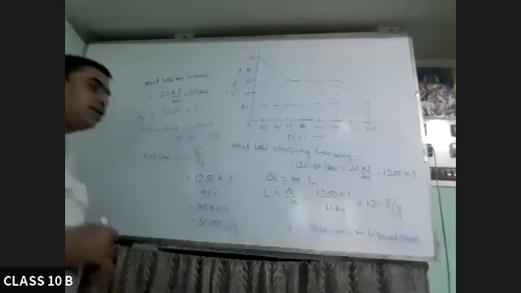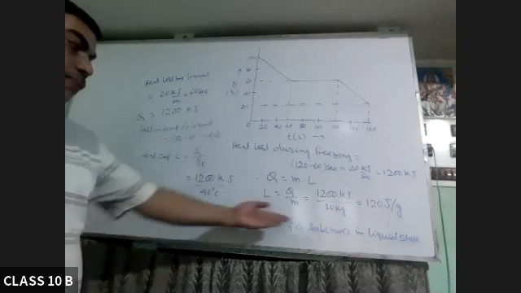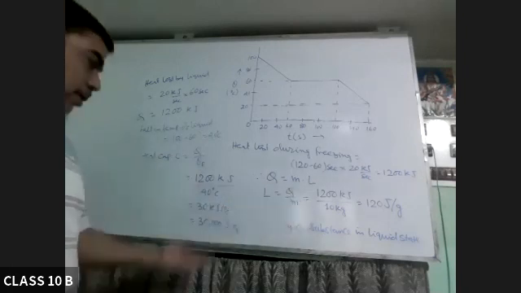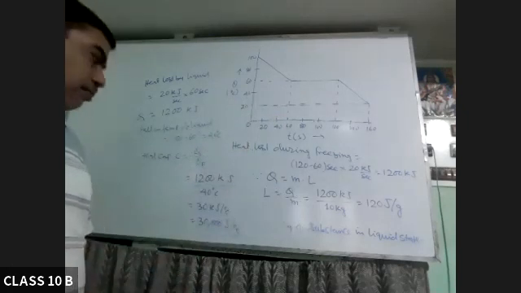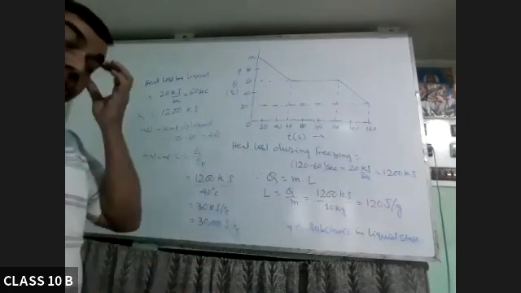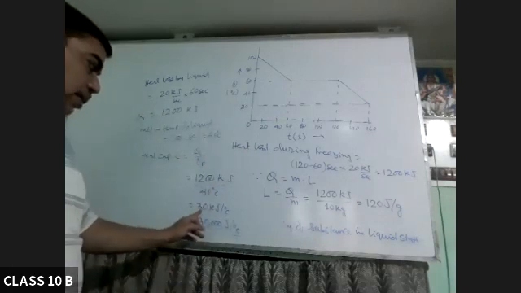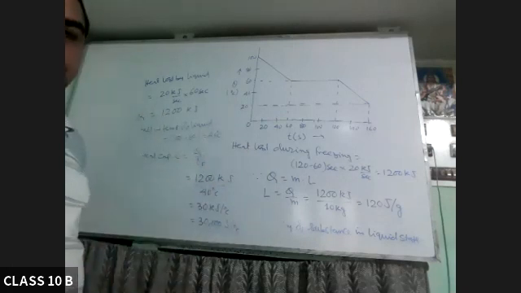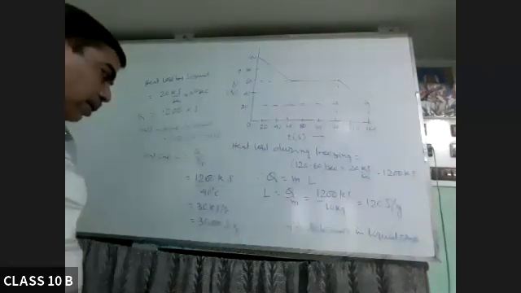That is the heat capacity of that liquid. If you are asked the specific heat capacity of liquid, then divide this heat capacity by mass, 10 kg, that is 3 joule per gram degree Celsius will come.